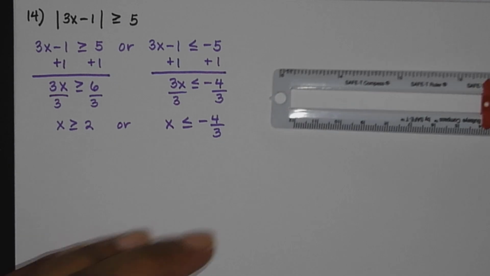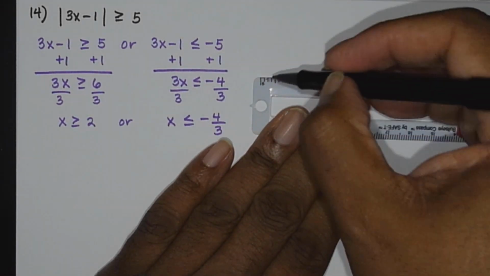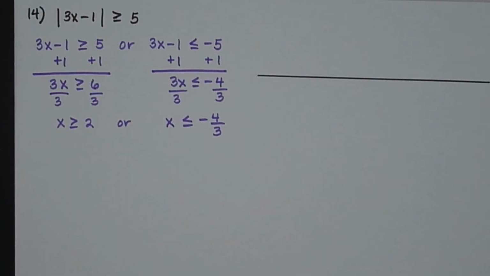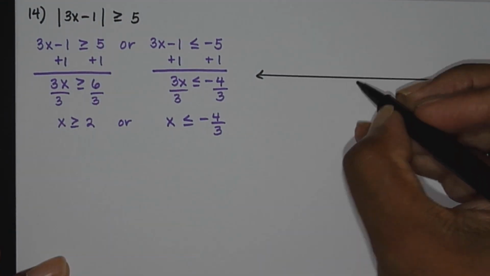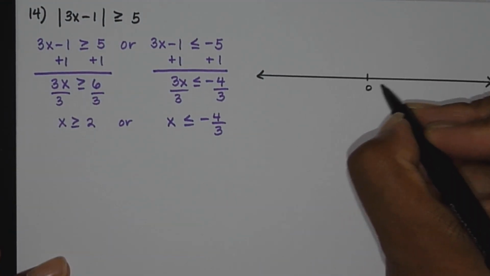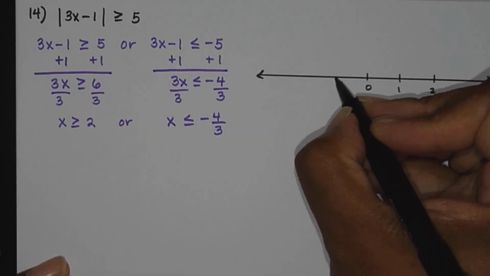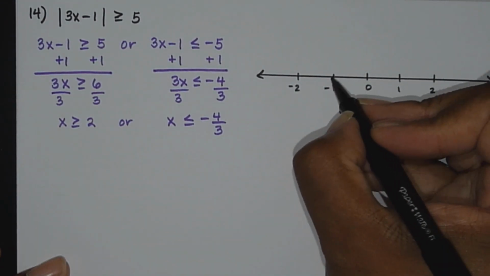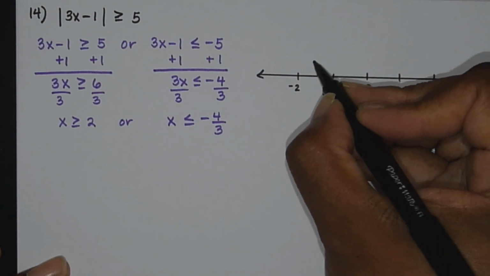All right, and now I'm going to graph the solution set on a number line. Negative 4/3 is like negative 1 1/3, so I'll put that about right here.